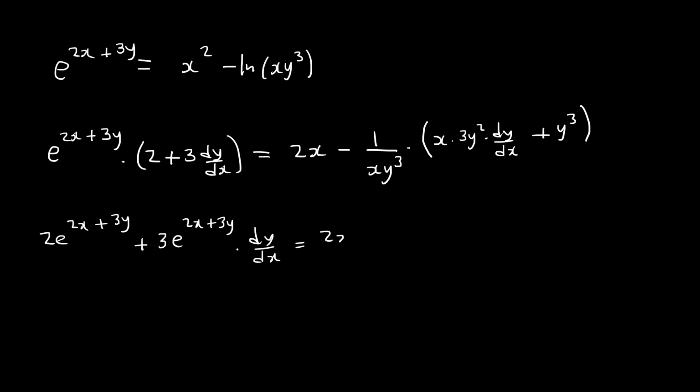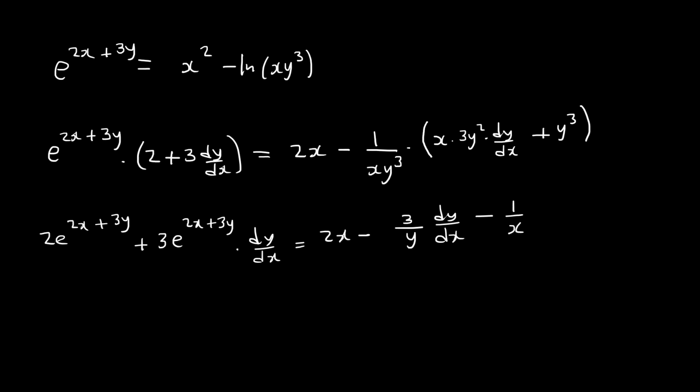This side I have 2x. If I multiply into the bracket by this one, x and x, I'll be left with 3 at the top. At the bottom, x will cancel, y squared will cancel with y cubed, so I'll be left with 3 over y dy/dx. Then here, y cubed and y cubed will cancel, I'll be left with 1 over x.